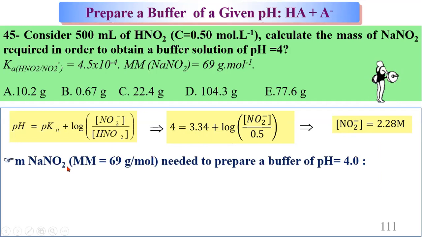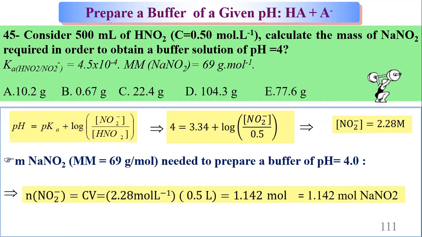Now find the number of moles, the mass of NO2. How do I get the mass of NO2? Well, I have the concentration of the nitrite. I can easily get the number of moles.